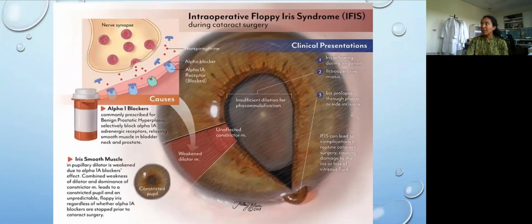The iris billows during irrigation, and it can cause intraoperative miosis, meaning a lot of constriction, so the pupil does not dilate well. The iris can then prolapse through the phaco or even a side incision, leading to complications, damage to the iris, and loss of vitreous fluid. This is an unwanted side effect on the iris smooth muscle, and a complication we often see during cataract surgery.